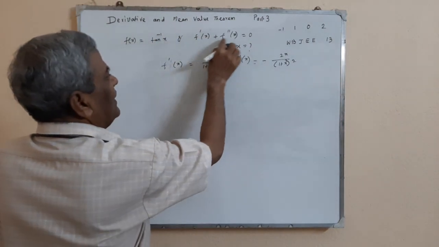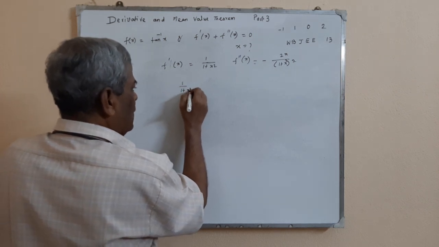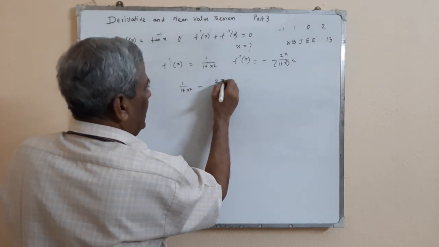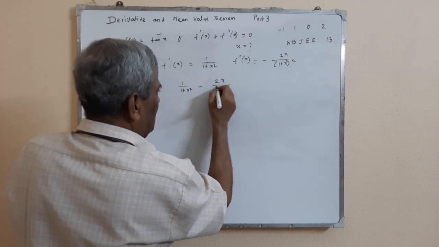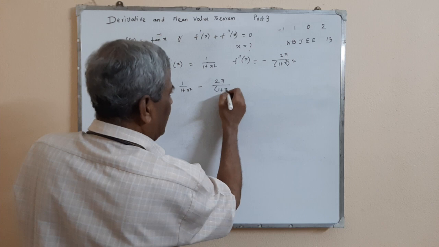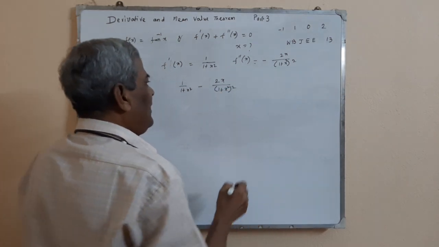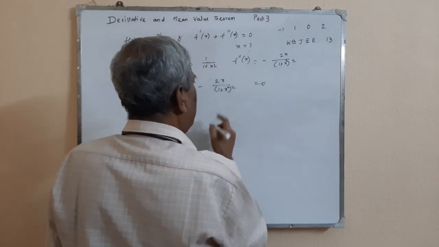So as per the condition, 1 upon 1 plus x square minus 2x by 1 plus x square whole square is equal to 0.